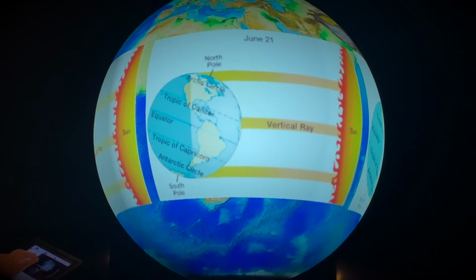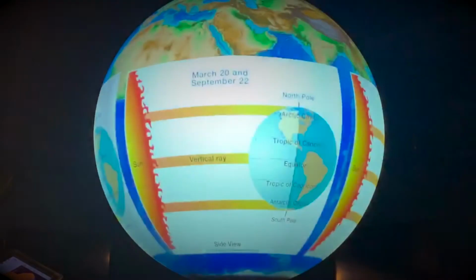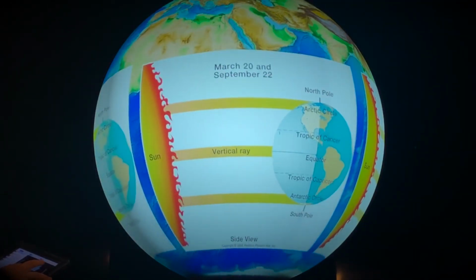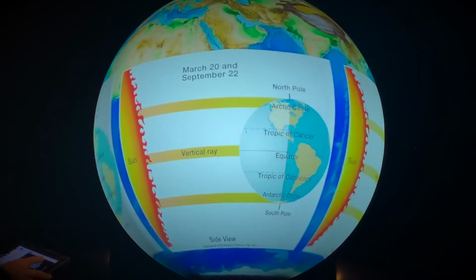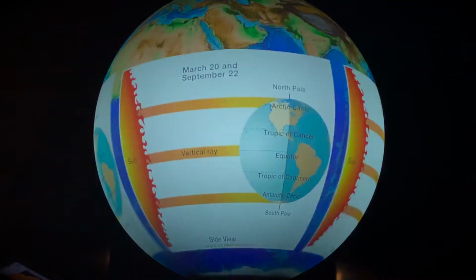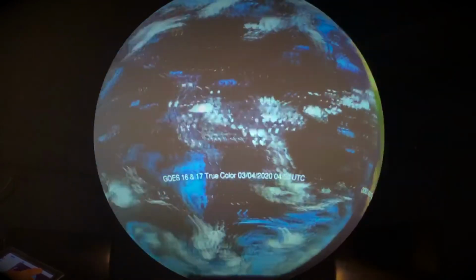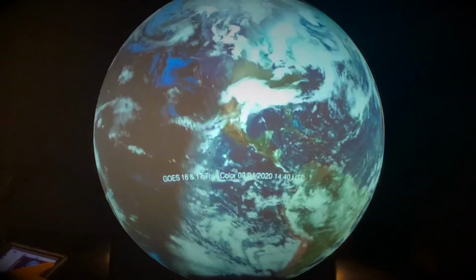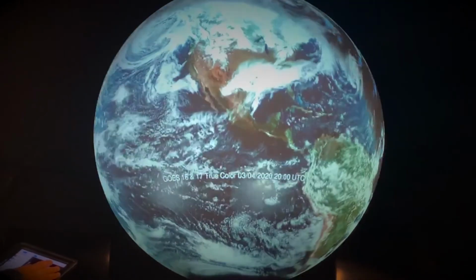Now, when we experience the spring and fall equinox, that is when the direct rays of the sun are pretty much directly over the equator. And we can see that especially on one of my favorite images, Earth in True Color, from the GOES 16 and 17 satellites.